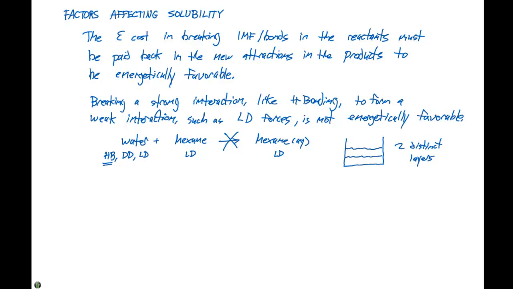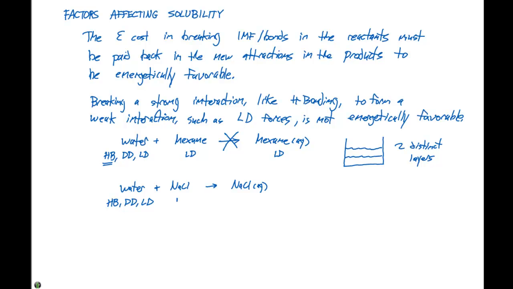On the other hand, if we took water and added that to sodium chloride, would we get an NaCl aqueous solution? Here in the water, we have, again, hydrogen bonding, dipole-dipole, and London dispersion forces.